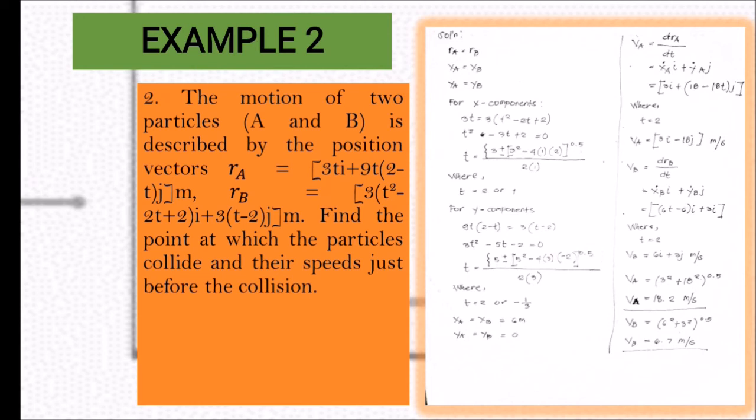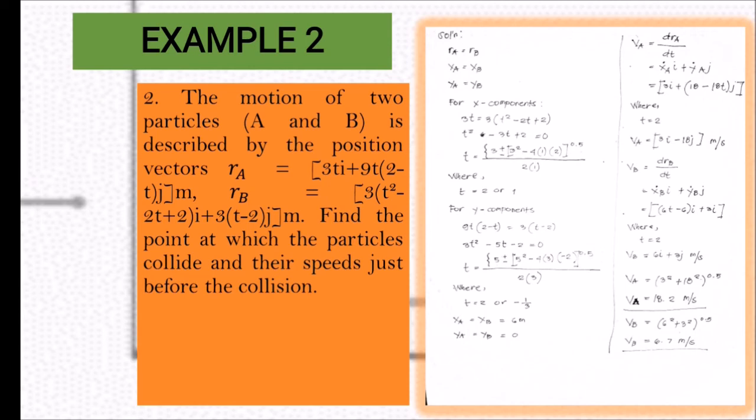So we have t squared minus 3t plus 2 is equal to 0. Then we will solve it using our formula. t is equal to 3 plus minus 3 squared minus 4 times 1 times 2 raised to 0.5 over 2 times 1, where t is equal to 2 or 1.